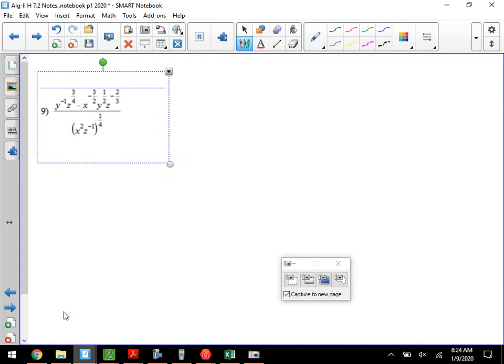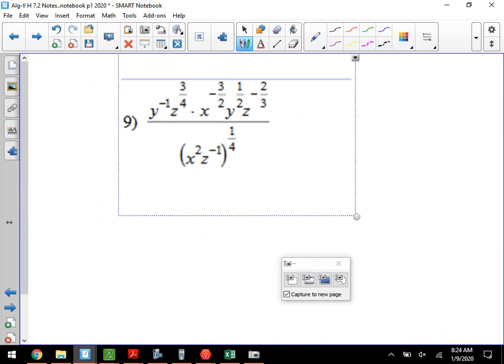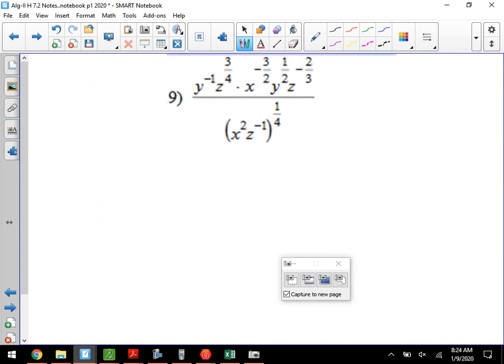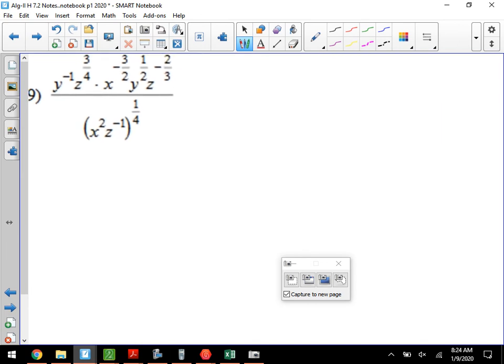So on number 19, the first thing I did was distribute the 1/4 power to the denominator. So I have x to the 1/2, z to the negative 1/4.